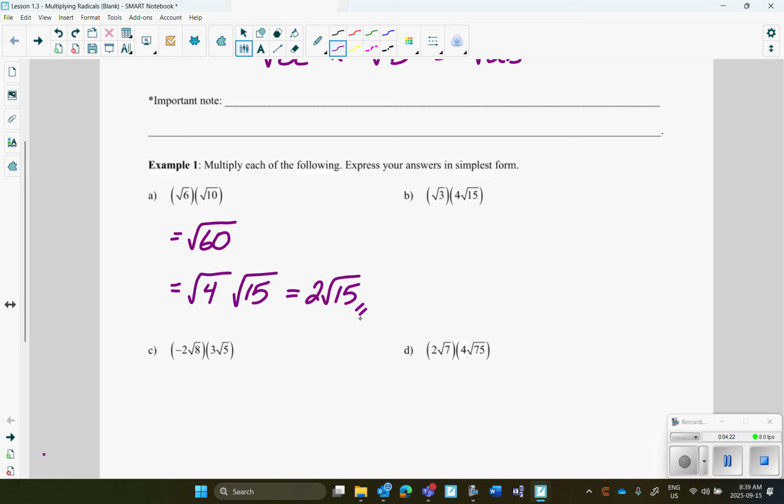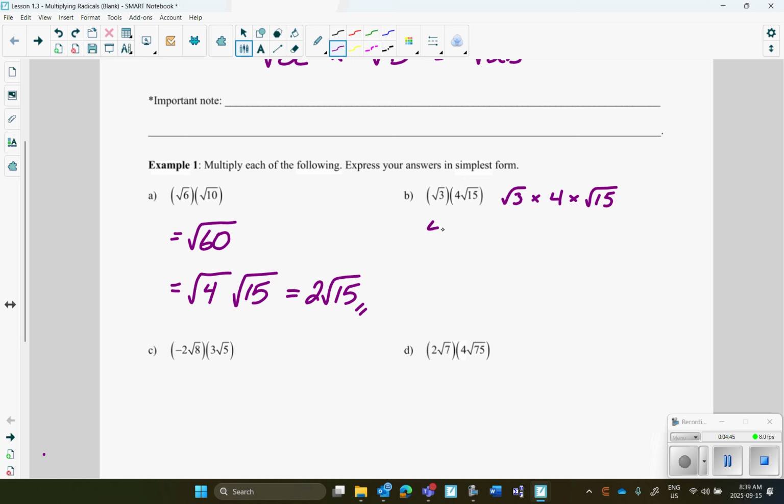Don't let the numbers in front of the radical throw you. Okay? This is the same as root 3 times 4 times root 15. That's what it means. Well, remember when we multiply a whole bunch of stuff, the order that we multiply doesn't matter.